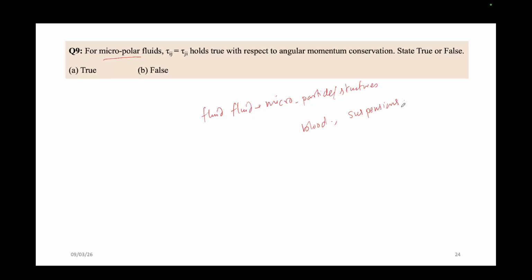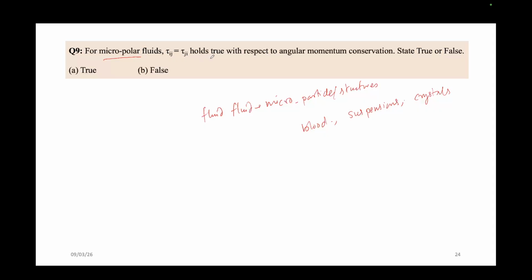Maybe I'm not sure. Just check whether milk is a suspended particle or not. I just forgot about this. Next is a crystal. If you put some crystal in a fluid, these types of fluid are not micropolar. If some microparticles are there, then it is a micropolar fluid. So here, is tau ij equal to tau ji?